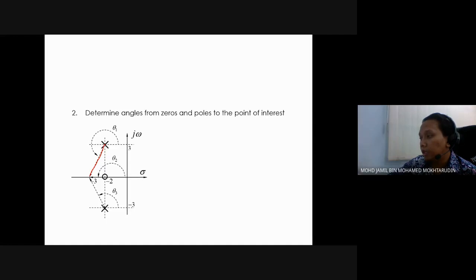Then you determine the angle of this line measured from the real axis to the vector line. To determine θ1, basically you can use 270 minus tan inverse of 1 over 3. Or you can use 180.